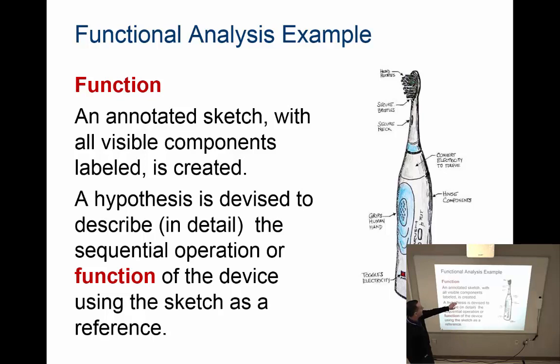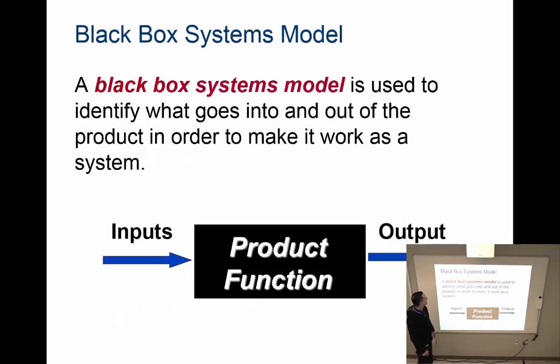Next, we want to create an annotated sketch with all visible components labeled. A hypothesis is devised to describe in detail the sequential operation or function of the device using the sketch as a reference. So I'm identifying all the different parts of my object with annotations or labels to point those out.